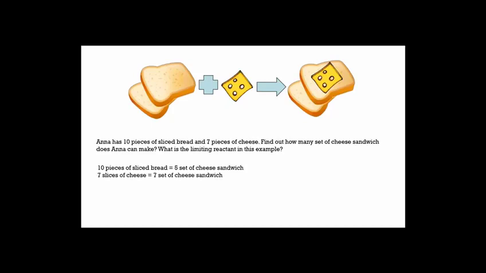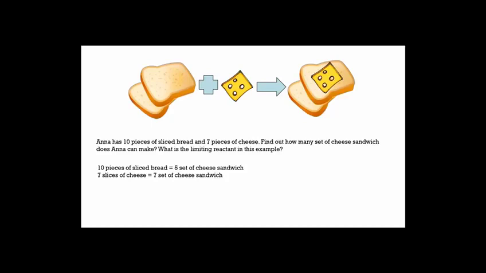Both reactants, sliced bread and cheese, produce different amounts of cheese sandwich. Therefore, from the amount of ingredients available, we need to determine what is the limiting reactant. From the calculation on the screen, we can see sliced bread produces fewer sets of cheese sandwich compared to the cheese that is available.